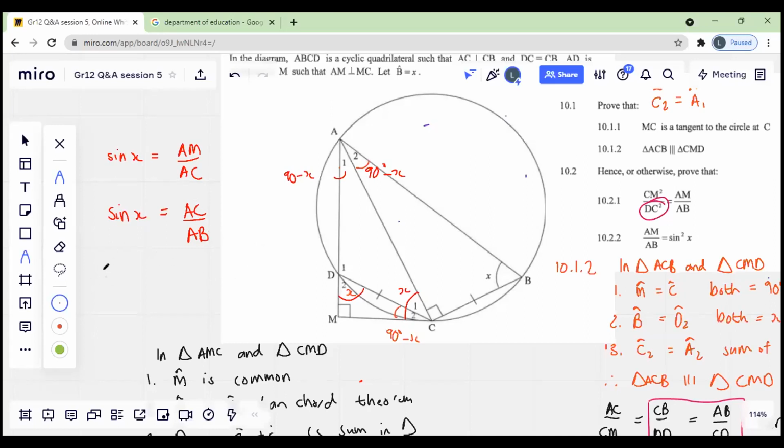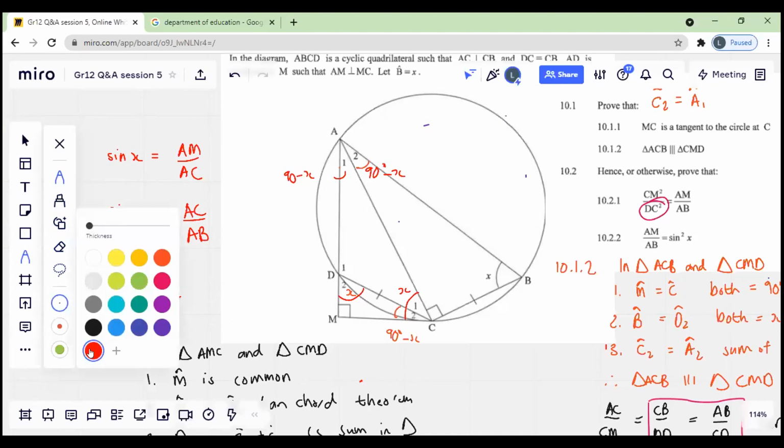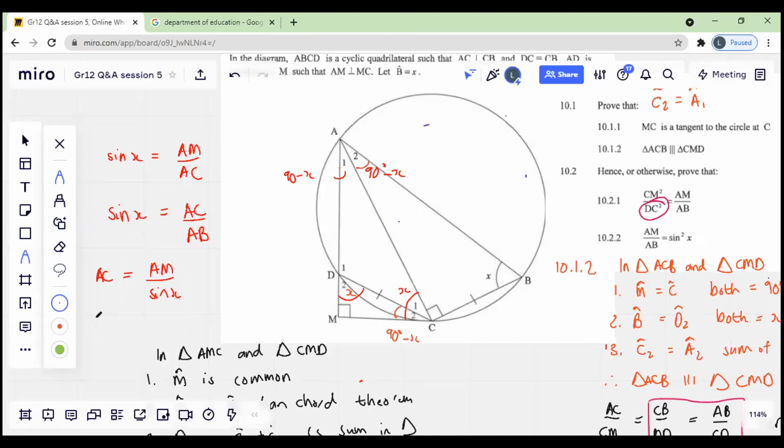So if I make AC the subject of the formula, then AC would be equal to AM over sine X. Working in the second one now, if I make AC the subject of the formula, then AC would be equal to sine X multiplied by AB.